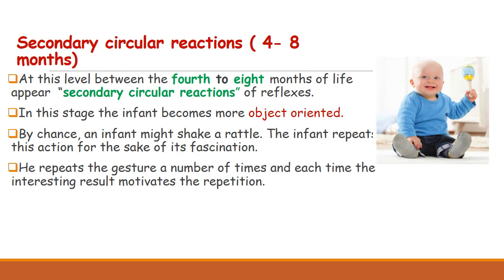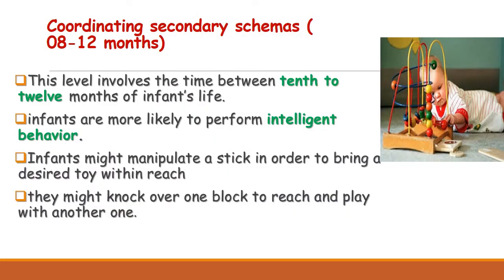For example, thumb sucking, closing fist, and foot kicking, and these behaviors are done intentionally. A child first discovers thumb sucking, finds it playable, and then repeats the process over these 4 months. Then we have secondary circular reactions, which comprise the next 4 months, 4 to 8 months.